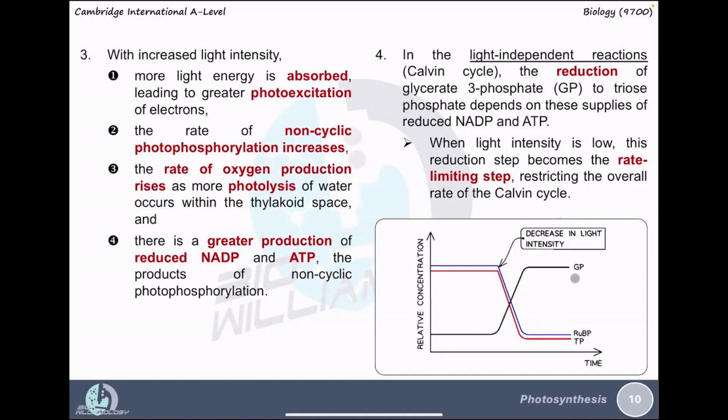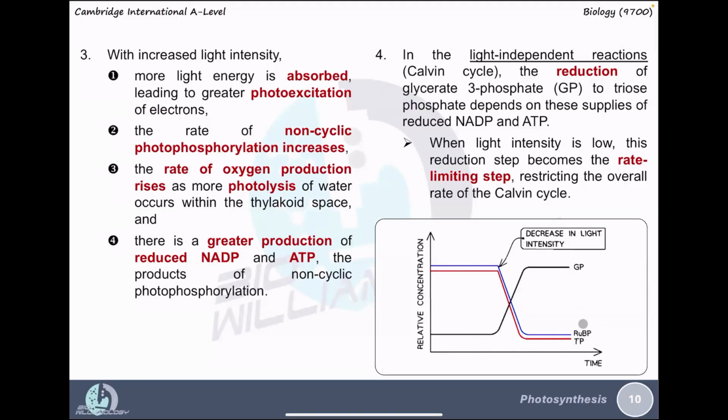And why does it increase but not stay constant? Because the carbon dioxide fixation step continues, because CO2 is not a limiting factor. The limiting factor is the light intensity. So overall, because GP cannot be reduced to TP, GP concentration increases due to two factors. First, GP accumulates because it cannot be reduced to TP.